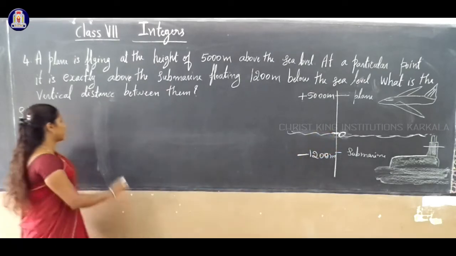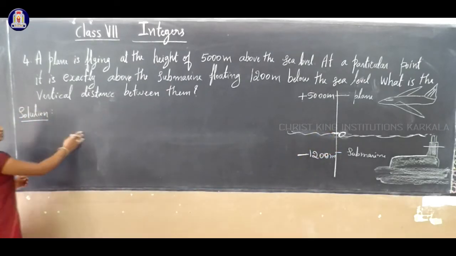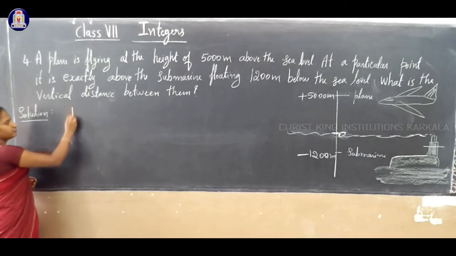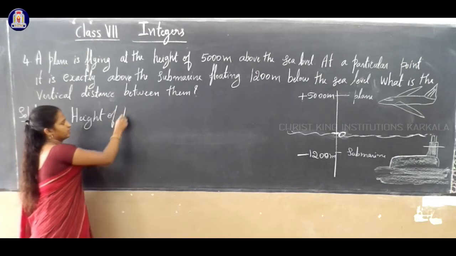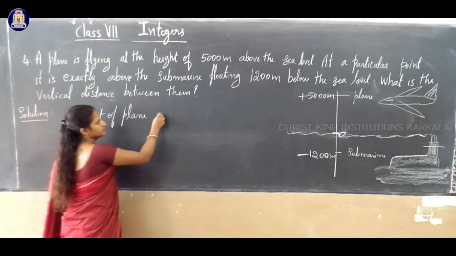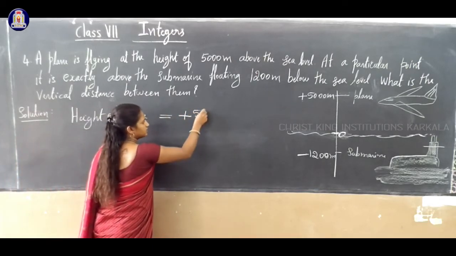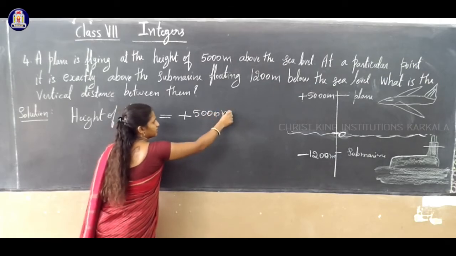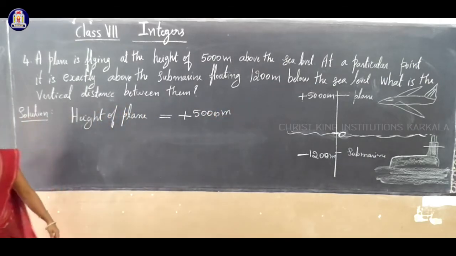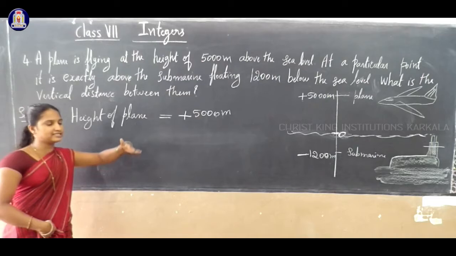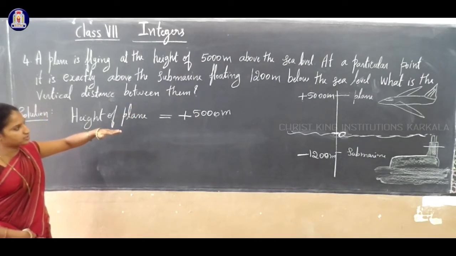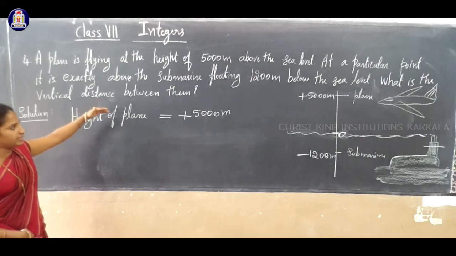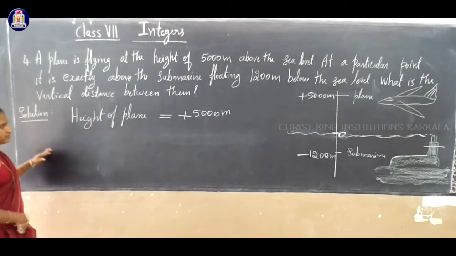So first you will write the solution. It is given the height of the plane. What is the height of the plane? The height of the plane is plus 5000 meter. Why plus? Because that is above the sea level. The plane is flying at the height of 5000 meter above the sea level, so plus 5000 meter.